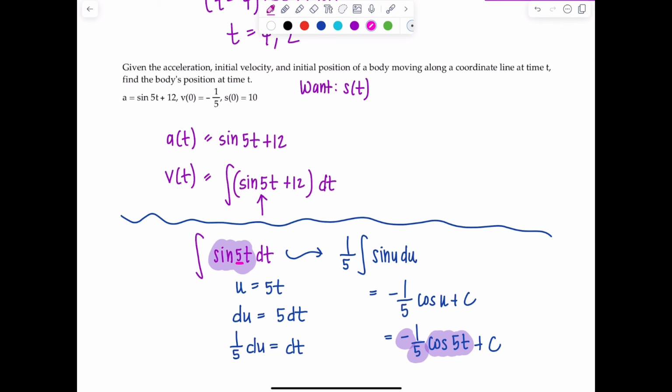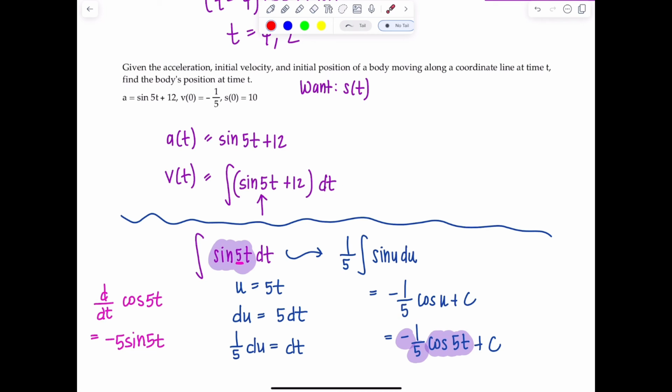If you think about it, when you take the derivative of cosine 5t, you would get negative 5 sine 5t. But if you look here, there's no 5, so that's why we have to divide by it.